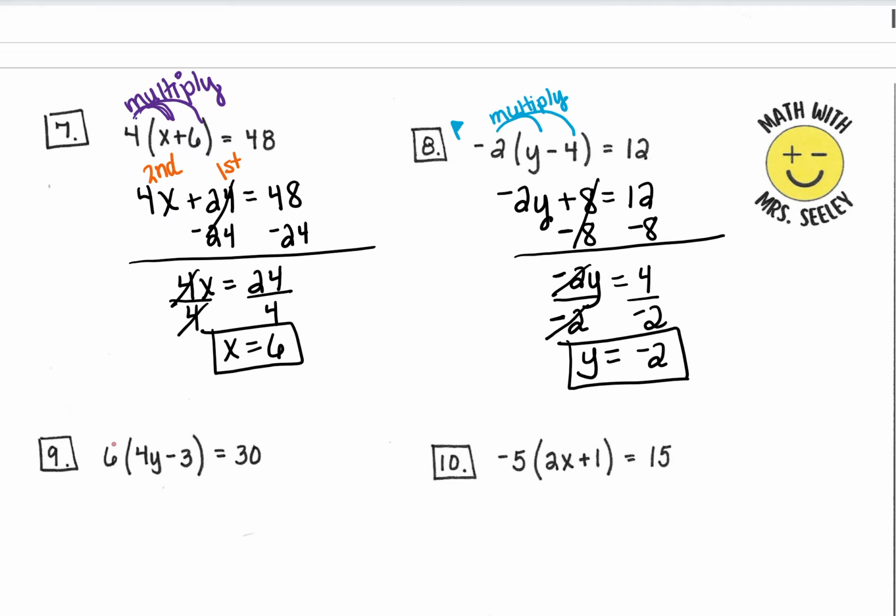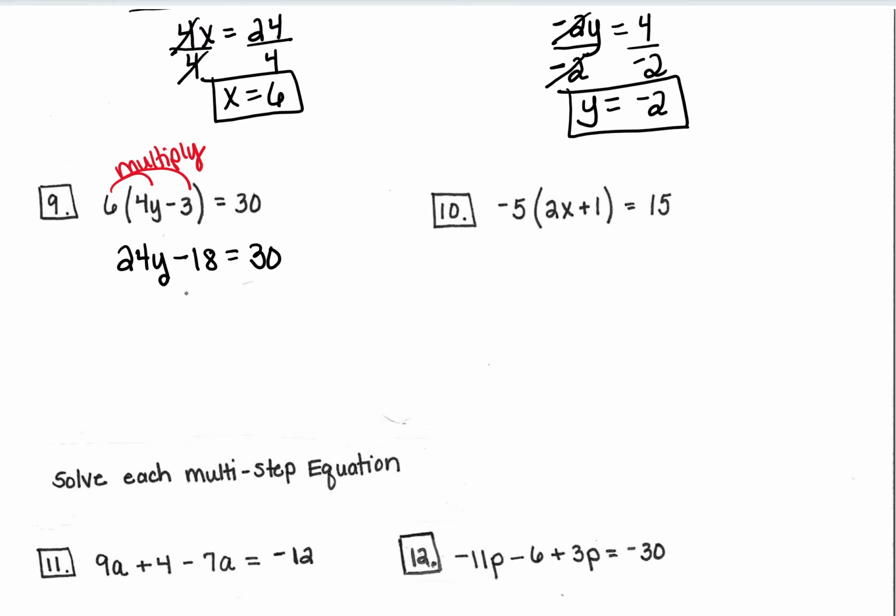Okay, again, let's distribute. First thing. And that means to multiply. So I'm going to distribute, and I'm going to have 6 times 4 is 24y. 6 times negative 3 is negative 18 is equal to 30. All right, let's add the 18 because that's the one we're going to do first.